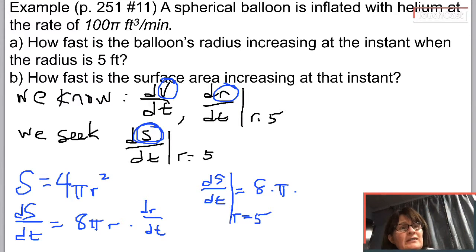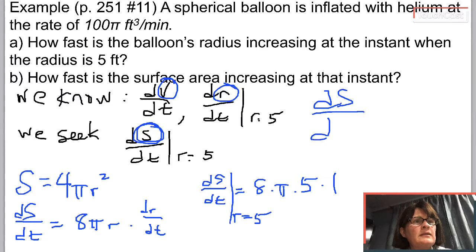It's going to be 8 times π times 5 times, in part A, we found out that dr/dt at that exact moment was 1. So that's 40π. dS/dt is 40π.